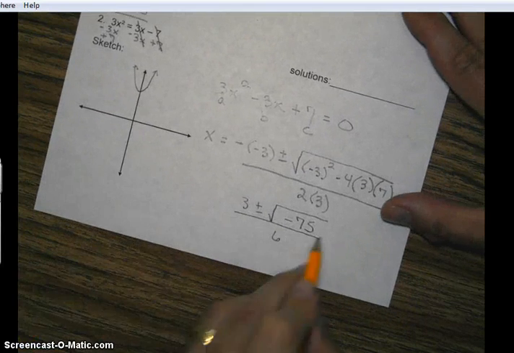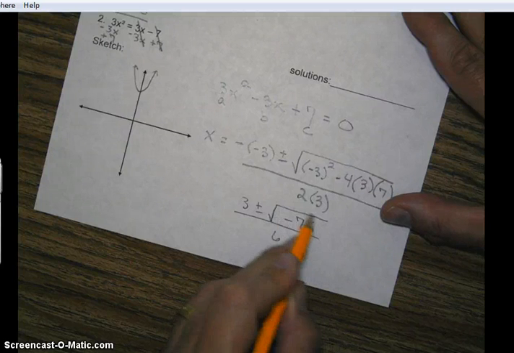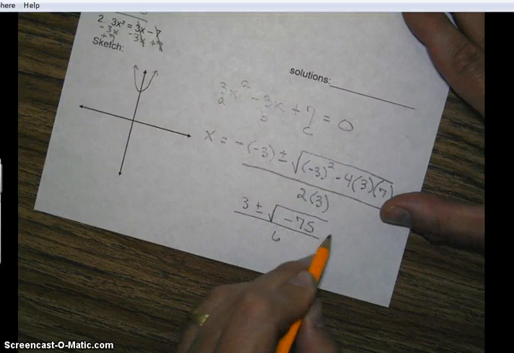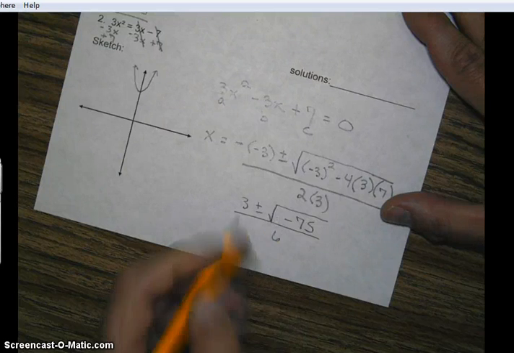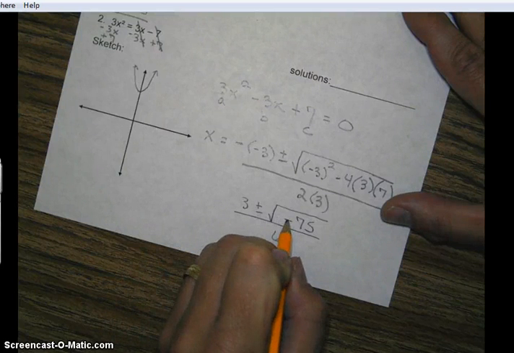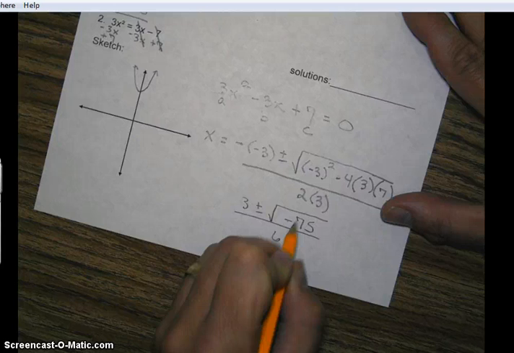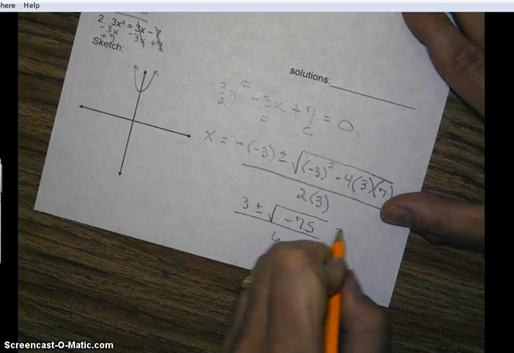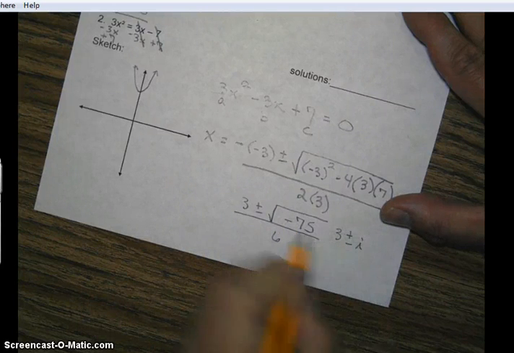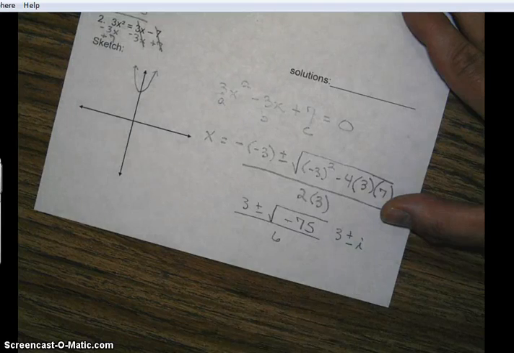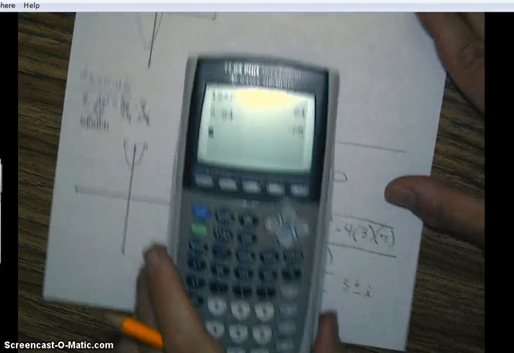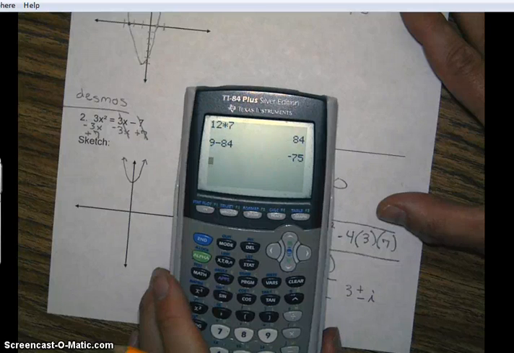Some of us need some more help simplifying radicals, so watch closely. First of all, this negative 1 makes an i. And then the square root of 75. Well, I'm not sure if there are any factors of 75 that are perfect squares.